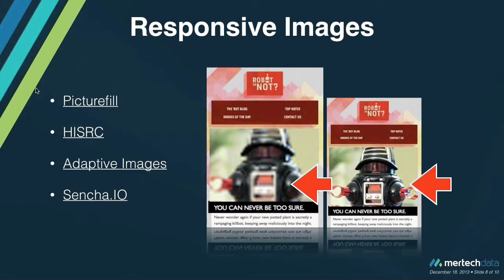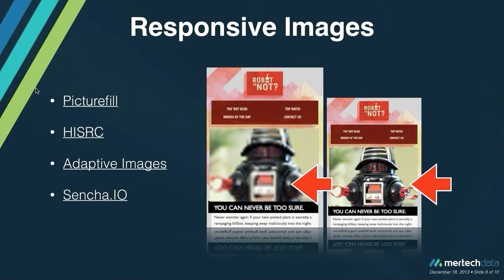So when we're talking about simply just the look of the image, fluid design is where you can get away with a lot of things here, and that's kind of what makes responsive more of a hybrid design technique. So you can just set an image to a certain percentage, set a max width on it, so you know it'll shrink and grow as you want it to. But the problem can be, like I said, loading a high-resolution image onto a mobile device. And so they're still working out a lot of solutions for this, but they do have a couple things, and I have here a couple examples of some plugins you can use that kind of address this issue.